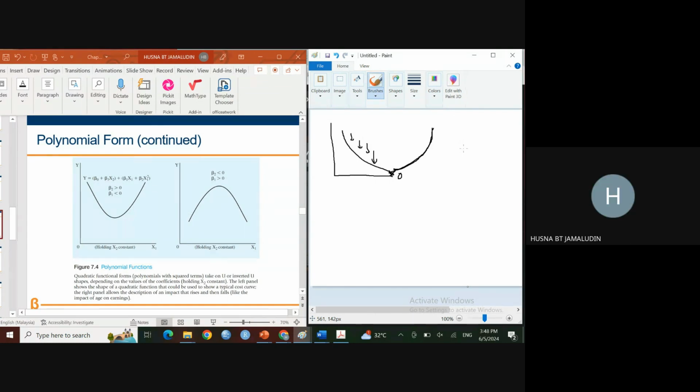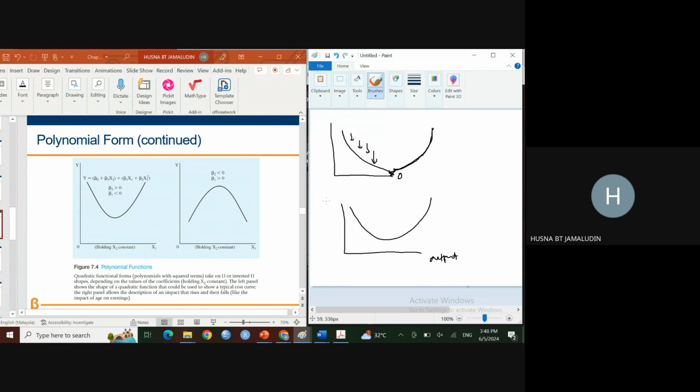Okay, so let me explain. So let me just write it here. Okay, where should I put? This is the output, because of economies of scale.